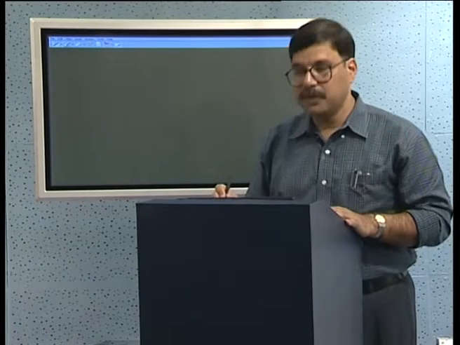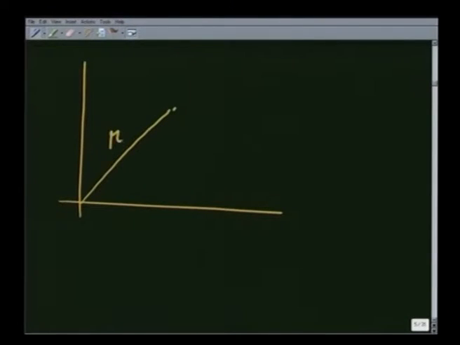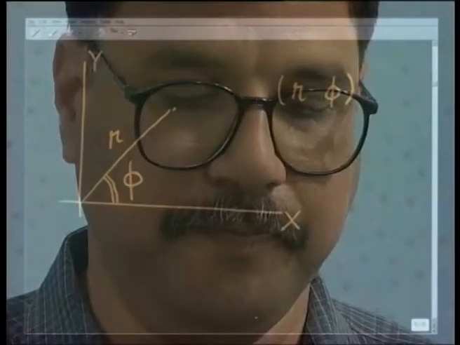So, let us start with the description of planar polar coordinate system. In this system, if a particle is at a point distance r from the origin and the radius vector r is making angle phi from the x axis, I am going to describe this as position r and phi. As you can see, I am using two coordinates in a plane.